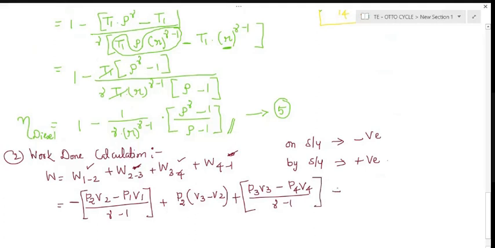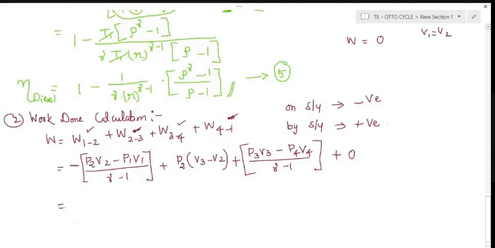And the final process is the constant volume process, which maybe you already discussed in thermodynamics. The work done for constant volume is 0, because V4 equals V1. So the work done for a constant volume process is always 0.